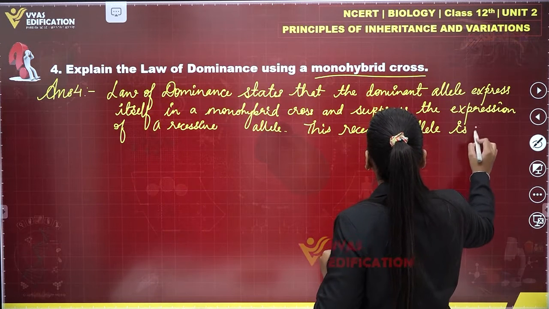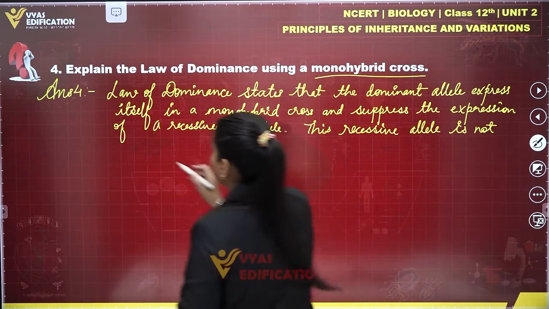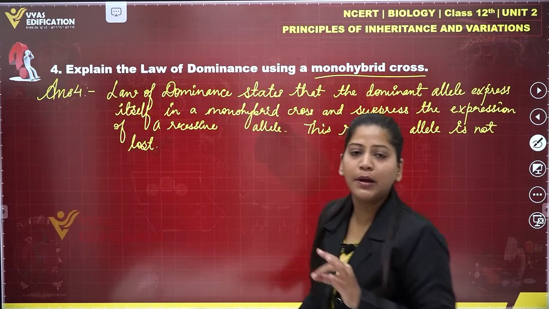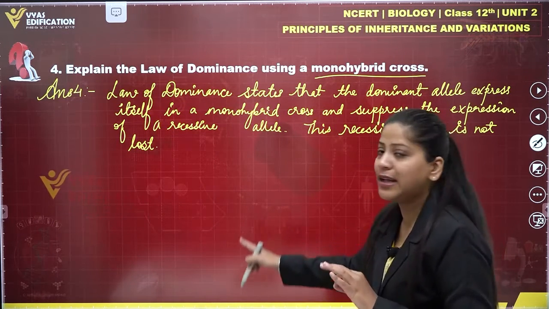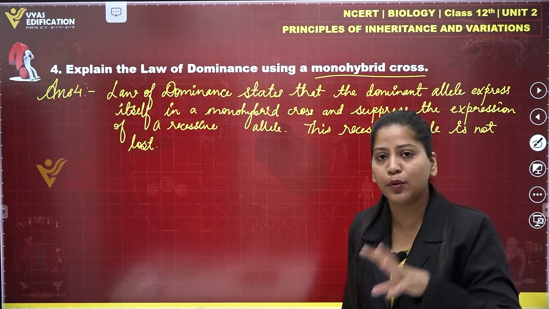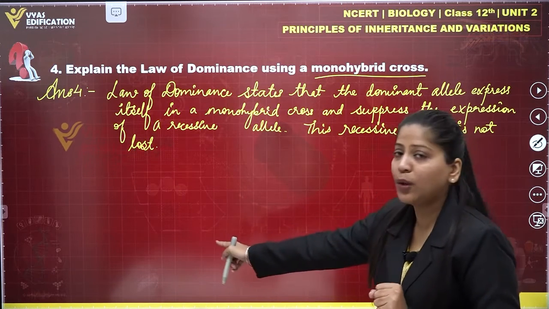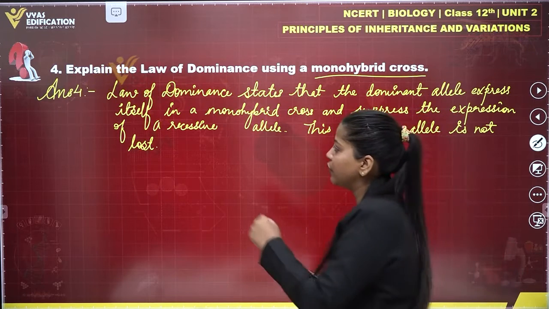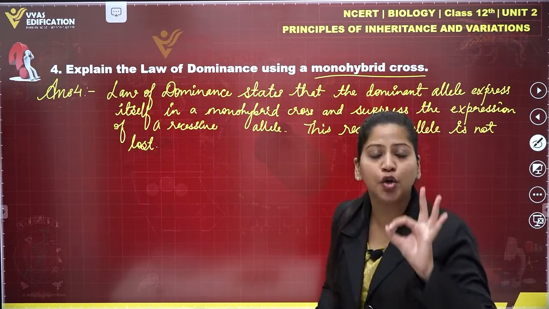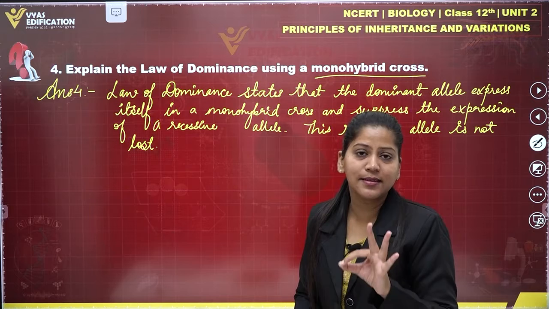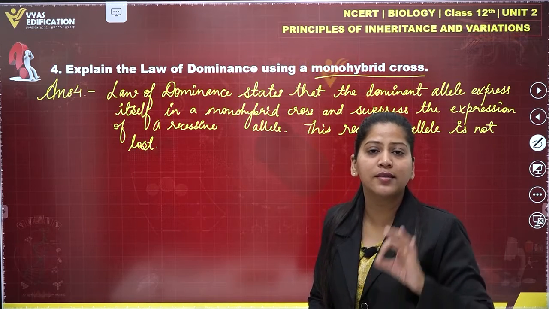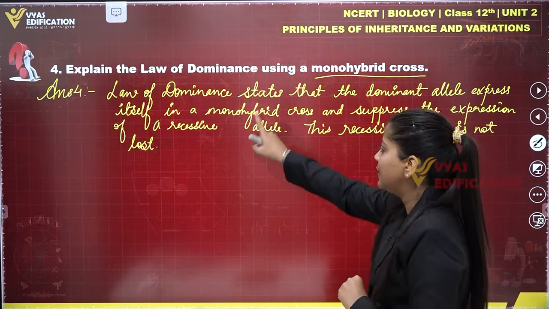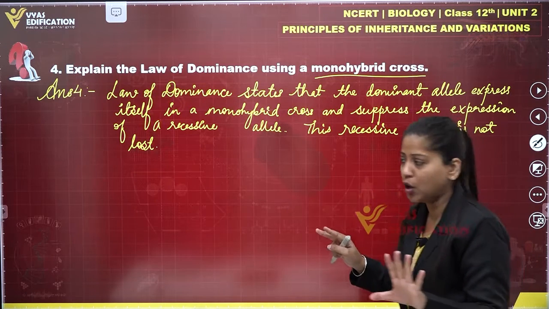So this is law of dominance, and this recessive allele is not lost. However, we are not able to find this recessive allele in the F1 generation or in the progeny of F1 generation, but it will reappear in the next generation. It will reappear in the F2 generation. So, law of dominance states that a dominant allele expresses itself in a monohybrid cross and it suppresses the expression of a recessive allele. However, this recessive allele is not lost.